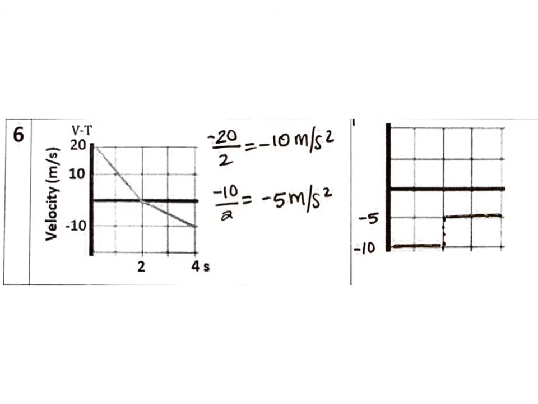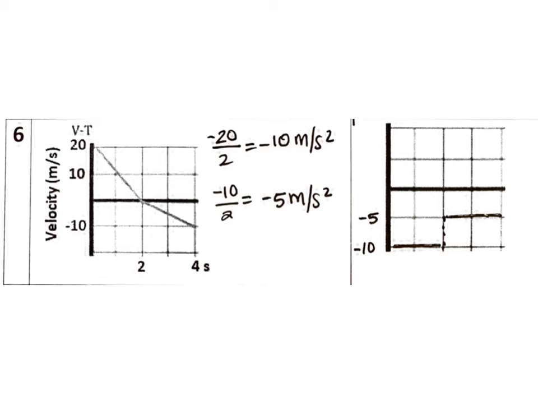Okay. For number 2, you now have 2 different sections to find slope for. Anytime your line changes slope, you can clearly tell this does not maintain the same slope here. So the first section goes from 20 down to 0. So its rise is -20.